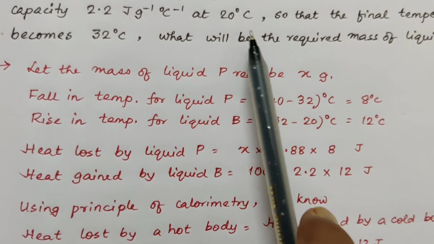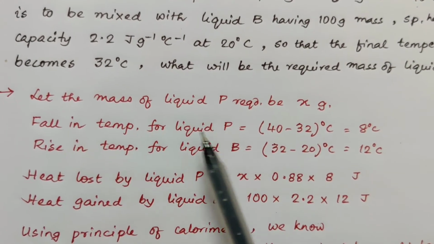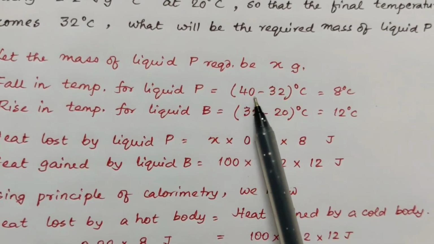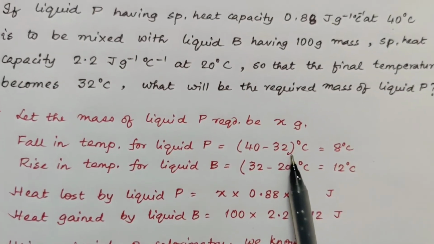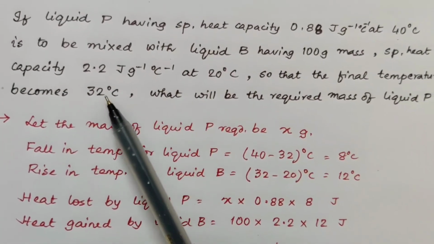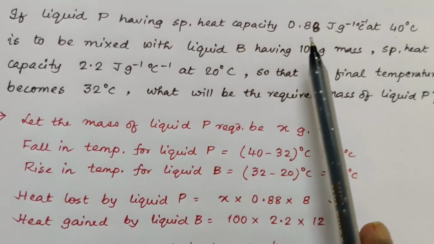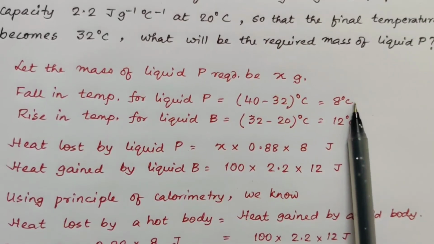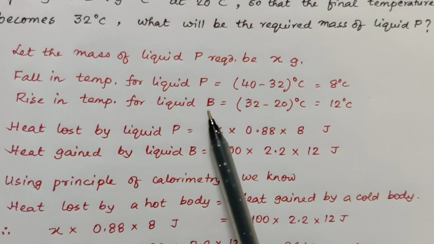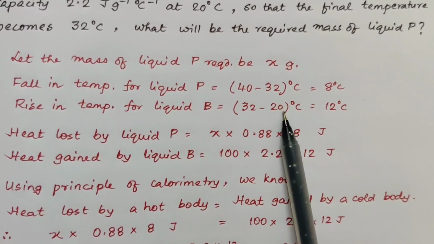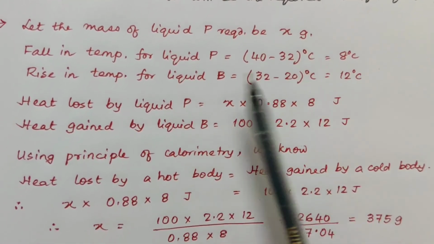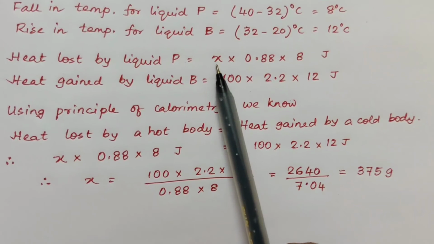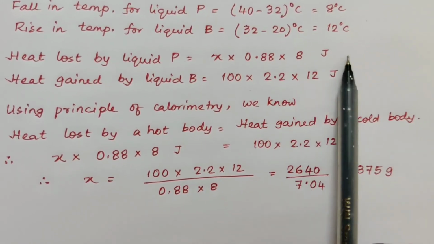We know that this is a hot body, so there is a fall in temperature for this liquid. There is 40 minus 32 degrees Celsius. The final temperature is 32, so 40 was its initial. So here 40 minus 32 is equal to 8 degree, and rise in temperature for liquid B is equal to 32 minus 20, that is 12 degrees Celsius. Heat lost by liquid P is equal to x into 0.88 into 8 joule.